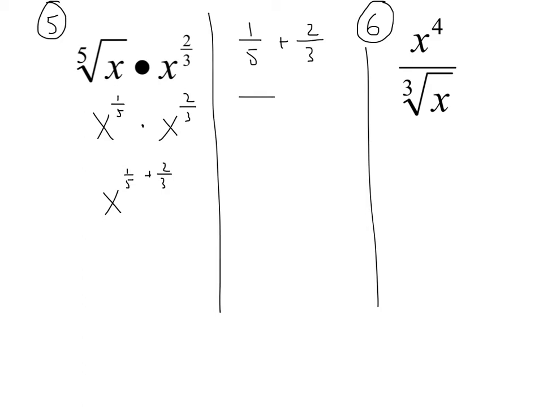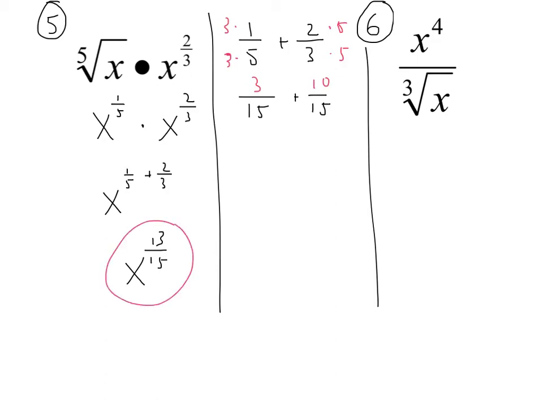We can use a common denominator of 15. The first fraction I'm going to multiply by 3 over 3, so that's 3/15. The second one I'm going to multiply by 5 over 5, so that's 10/15. So my final answer should be x to the 13/15.